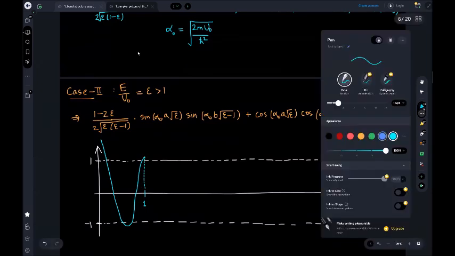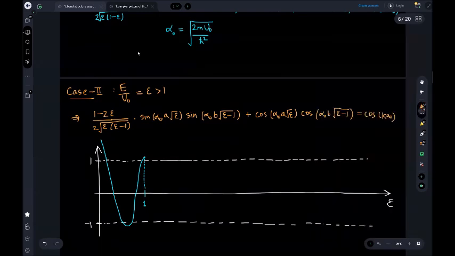And for epsilon greater than 1, if you plot the graph, looking at this expression you might think that this is a periodic function, but it is actually not. This isn't very obvious, you might intuitively feel that this is not a periodic expression, but I'm not going to prove it here.